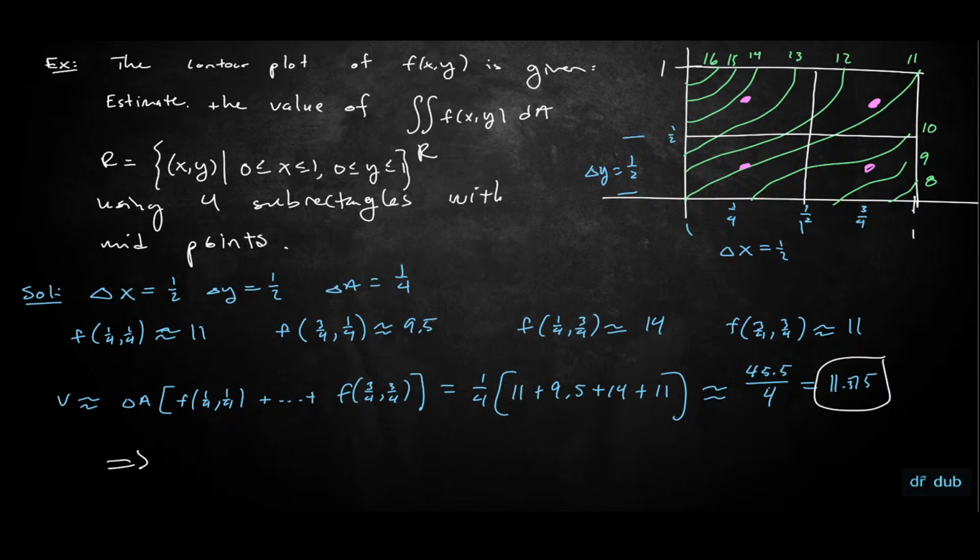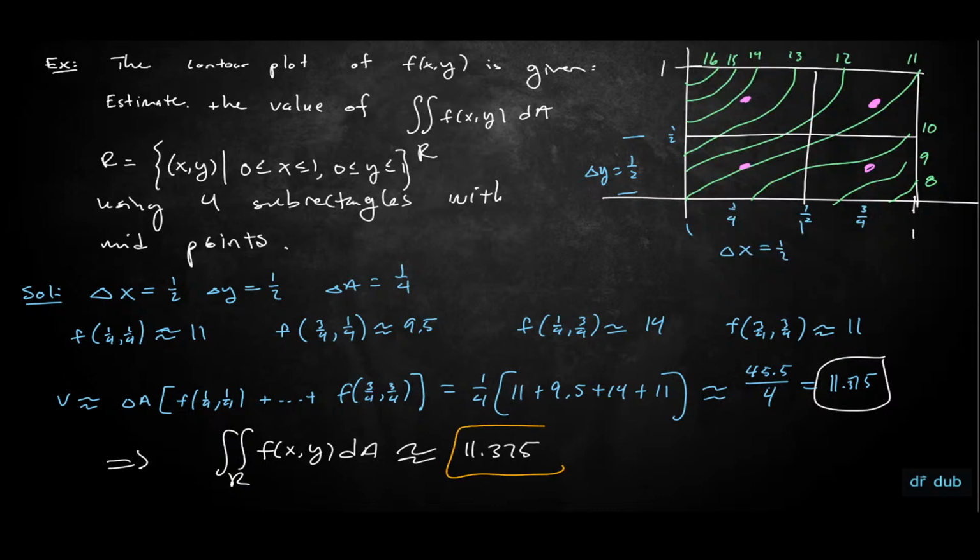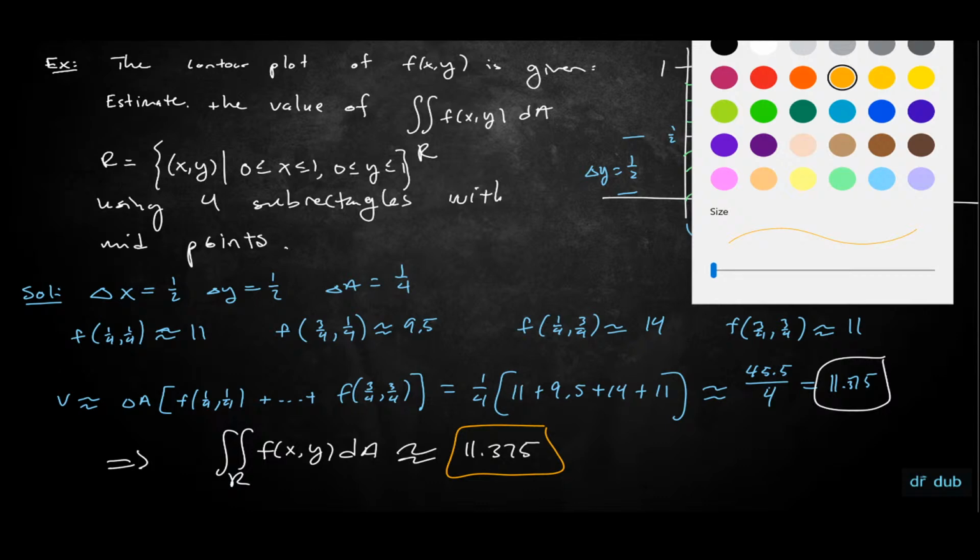So we could say the double integral over the rectangle R of f of x, y dA is approximately 11.375. Not exactly, but approximately. That's an approximation.